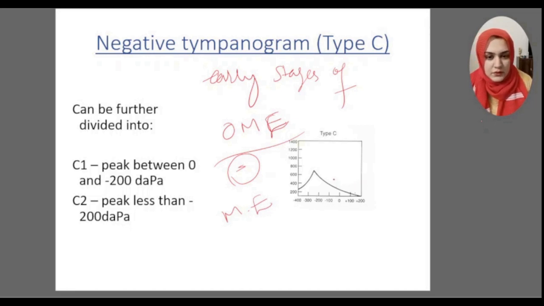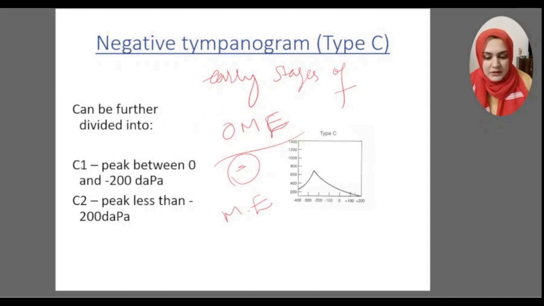Later on, due to negative pressure, there is extravasation of fluid from the blood vessels present in the middle ear mucosa, and that fluid keeps on collecting, and then it can give rise to otitis media with effusion, a full-blown condition. And that will show you a type B, the flat tympanogram. But in the early stages, there is the negative tympanogram, that is type C.